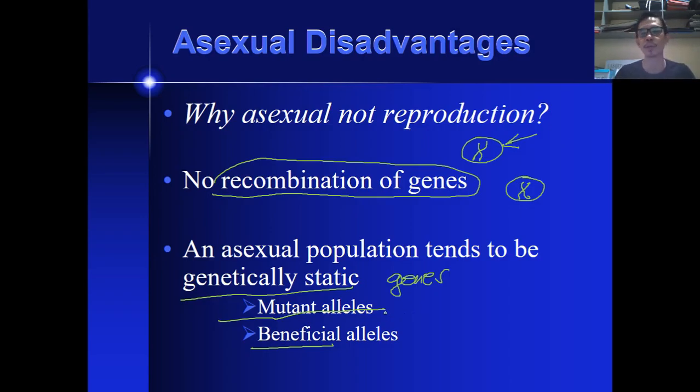They will not be able to create something that will protect them from that change in the environment. That's the reason why asexual reproduction is a disadvantage in terms of changes in the genes.